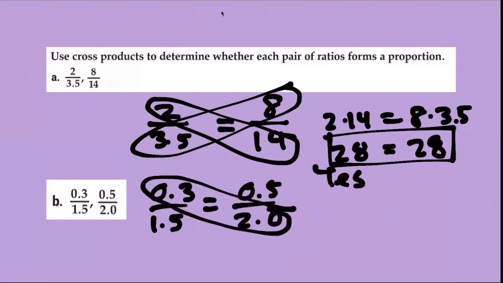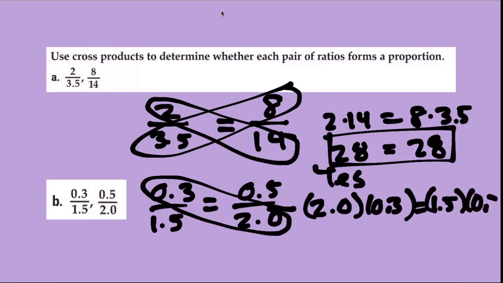So we have 2.0 times 0.3 should be equal to 1.5 times 0.5. So 1.5 times 0.5 is going to give us 0.75. I know that because 5 times 15 is 75, and then you move your decimal place 2 spaces.